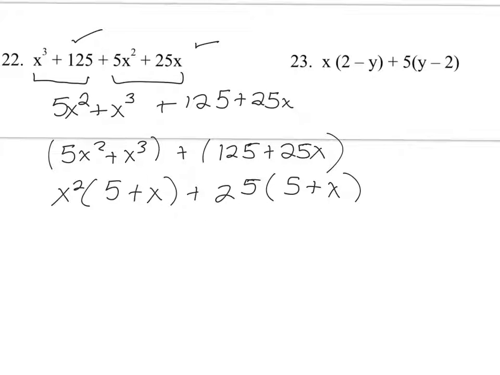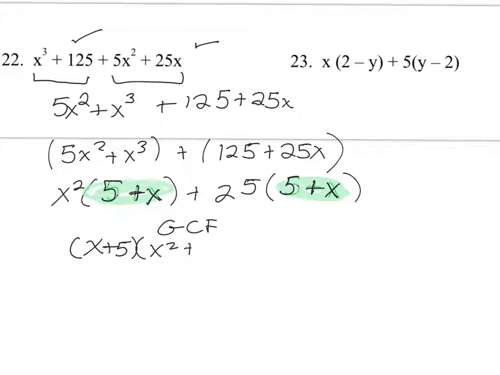We said in our note cards that once we do this, we're going to look for another GCF, which the GCF now, this has an x plus 5, and this has an x plus 5. So I go ahead and pull that out as a GCF. You could write 5 plus x or x plus 5. Pull out what's in green, and whatever is left, you put in the other set of parentheses. x squared plus 25. Voila, that's it.